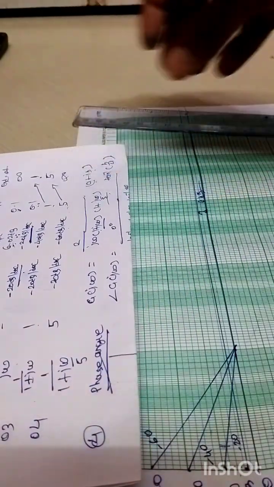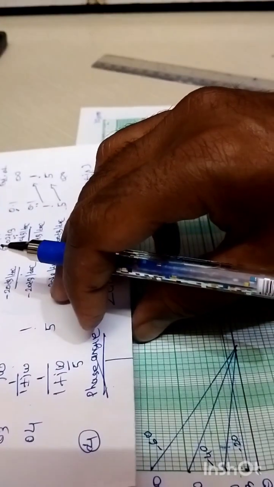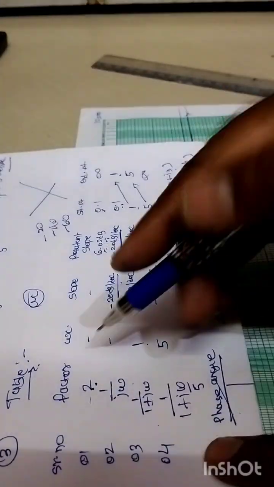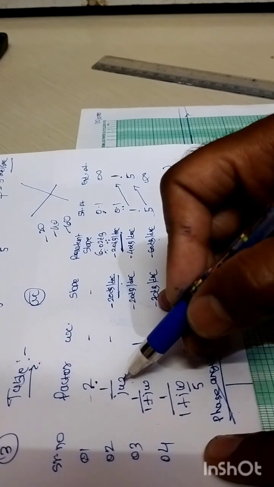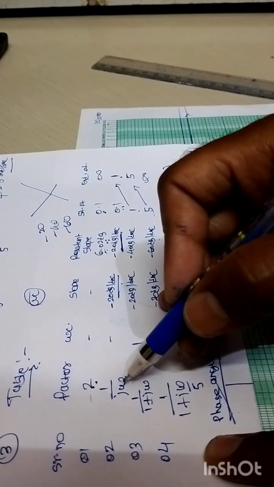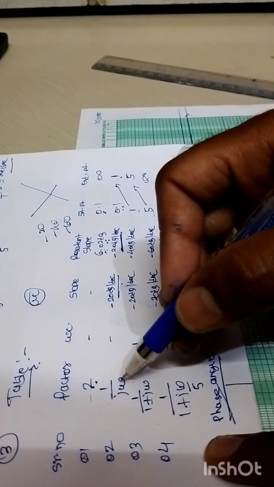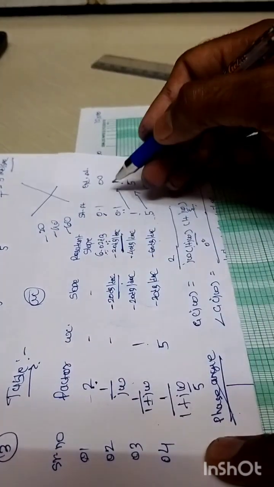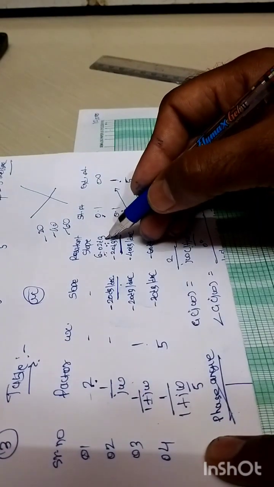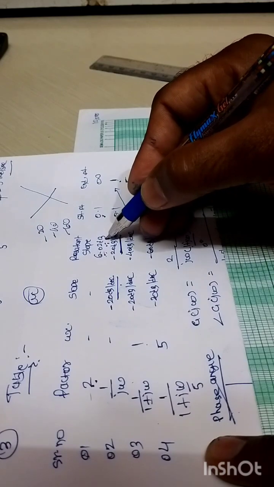Now how to consider this factor, right? Now, this factor is to be drawn or written after the first factor, whose resultant magnitude is how much here? 6.02 dB, which is already plotted, right?